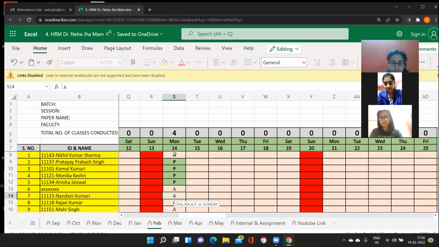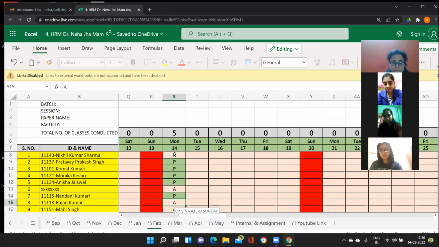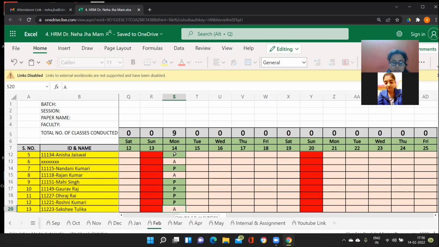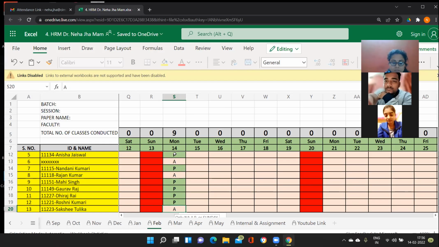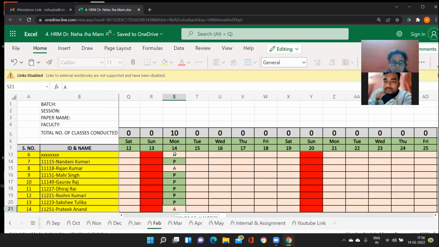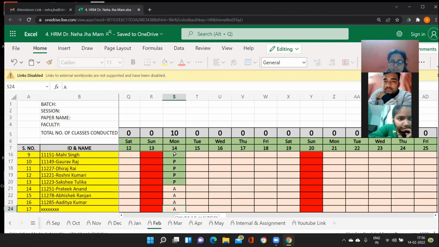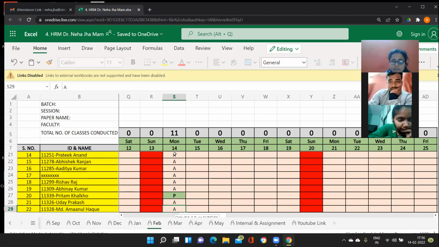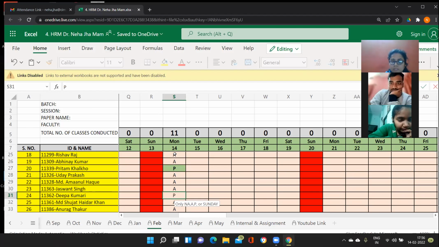Present ma'am. 8, 9, 10, 11, 12. Ma'am, roll number 10. 13. 14. 15, 16, 17, 18, 19, 20. Present, ma'am. 21, 22, 23, 24. 24 ma'am. Deepa Kumari Verma, 24.